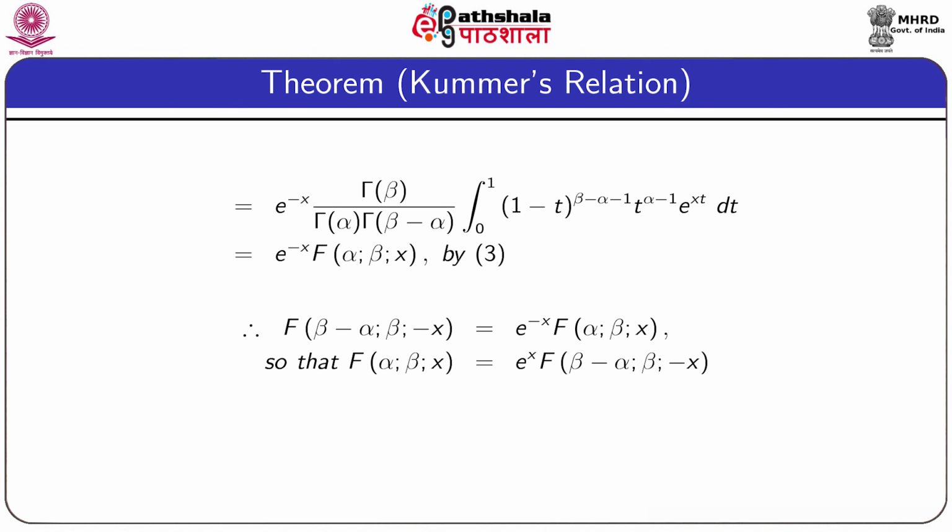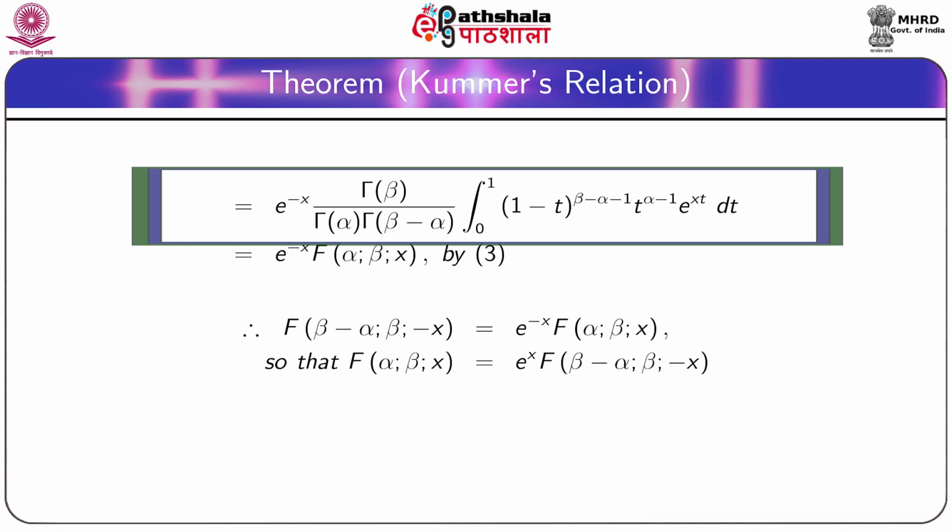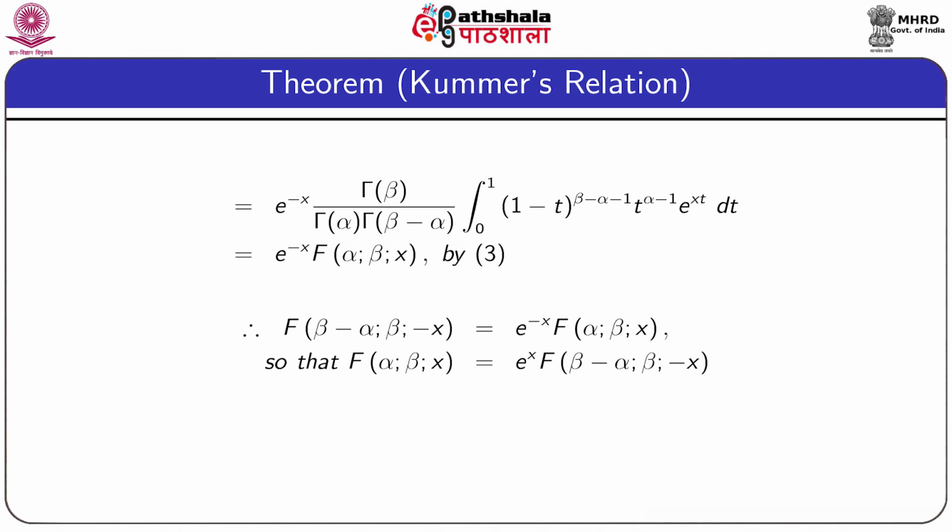We simplify and get e to the power minus x, gamma beta divided by gamma alpha gamma of beta minus alpha, integral from 0 to 1 of (1 minus t) to the power beta minus alpha minus 1, t to the power alpha minus 1, e to the power x t dt, which is equal to e to the power minus x F(alpha, beta, x).